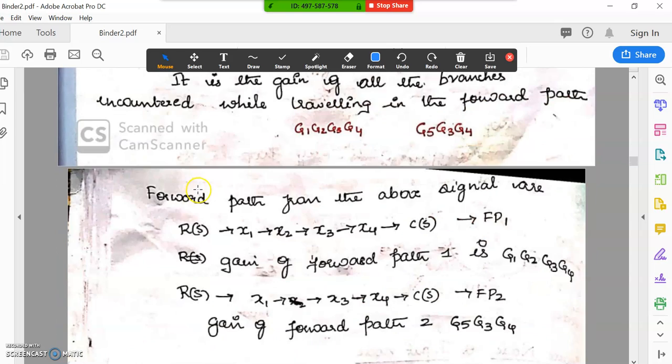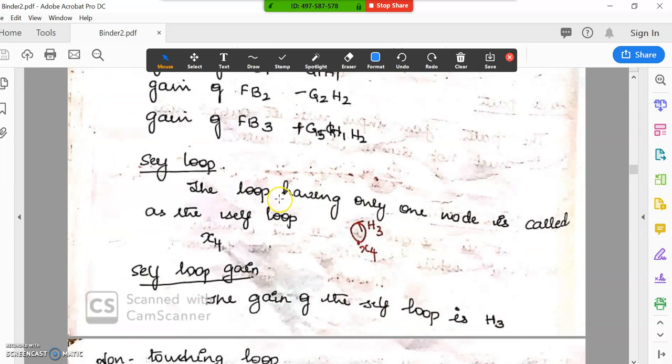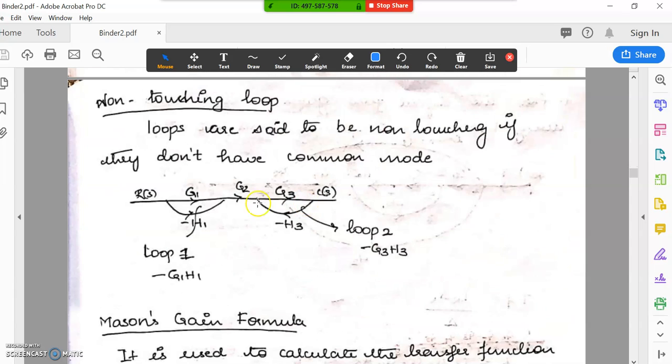Whereas if I am looking at this circuit, for this signal flow, these two loops are not touching each other. Suppose I mark the nodes here. This will be node 1, this is node 2, this is node 3, and this is node 4.